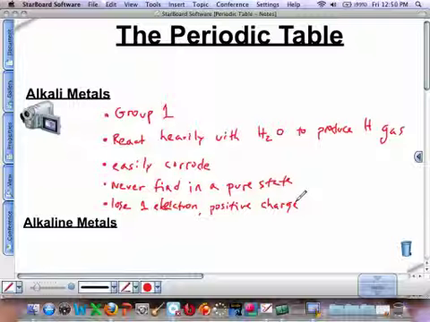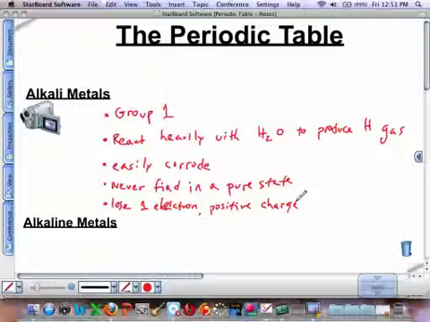What color are they? So they tend to be gray or silvery in color. That might be something you want to write down. They tend to be gray or silvery, and they're very soft. With sodium, you can actually cut through it with a butter knife. So they're very soft metals, and tend to be gray.